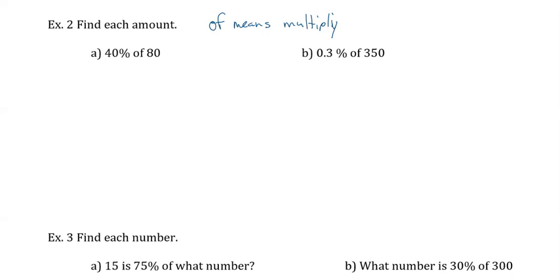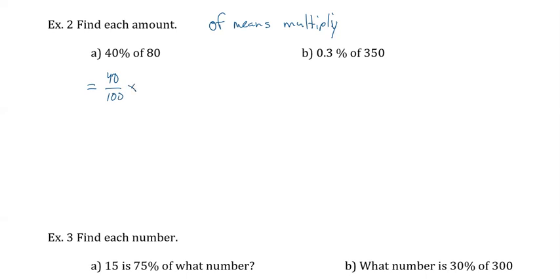So we take 40, turn it back into a proper number, a decimal. How are we going to do that? To get a percentage, we multiply by 100. To use a percentage, we divide by 100. So 40% of 80 is 40 divided by 100 times 80.